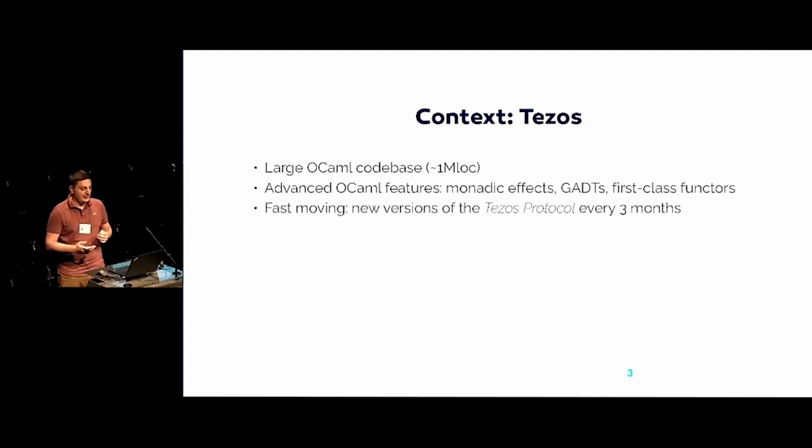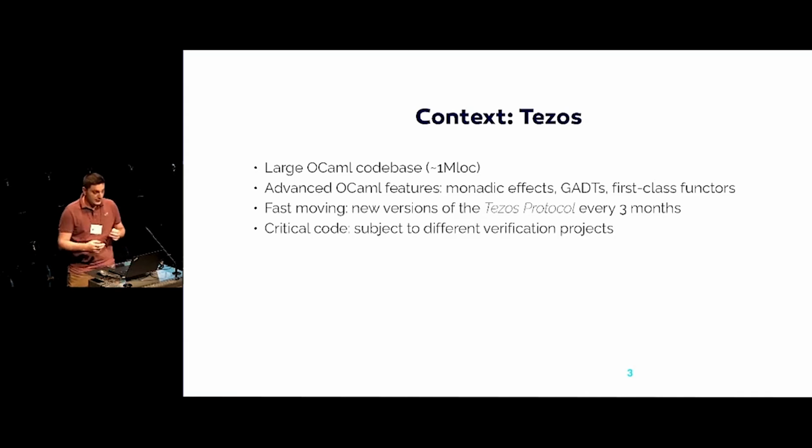It's also quite dynamic. There are new versions of what we call the Tezos protocol, which is the core part of the implementation, every around 3 months. And it's also critical. As such, it has been subject to different verification approaches.